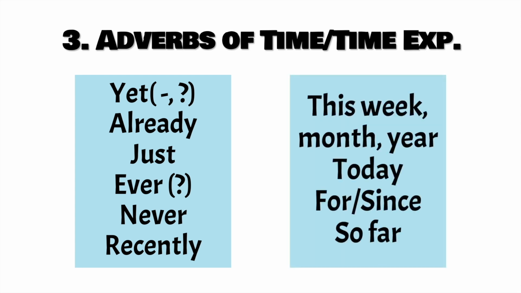For time expressions, we have this week, this month, this year, today, for 5 years, for 6 years, for 4 months, since 1984, since I was 5 years old, and so far. Again, there are many others. These are the most common ones though.